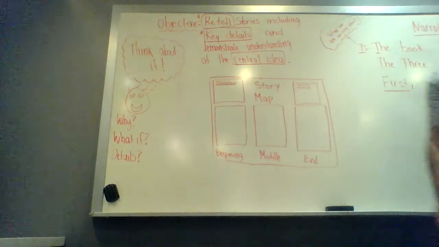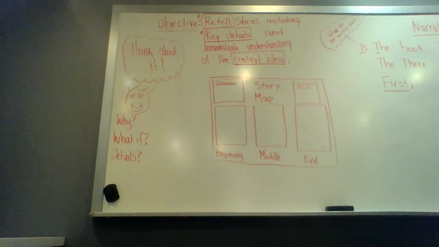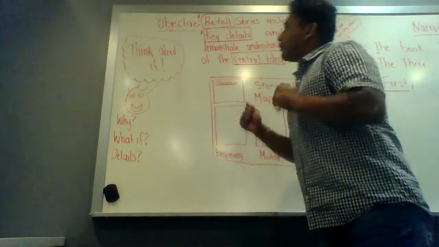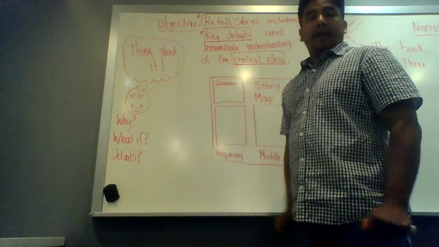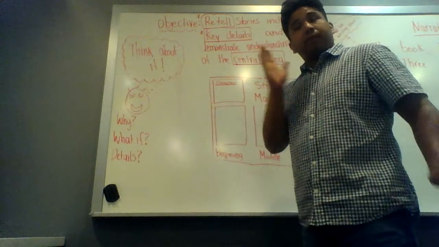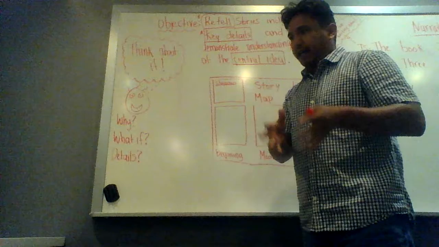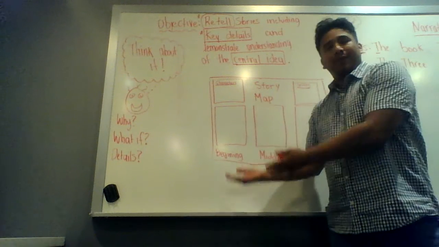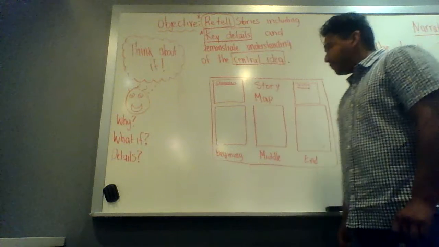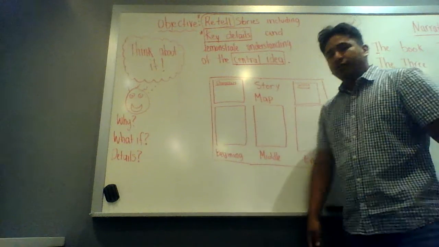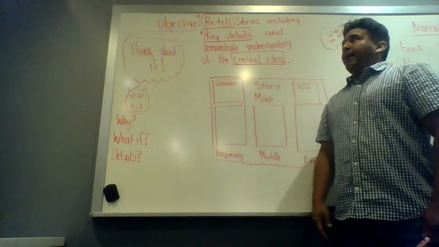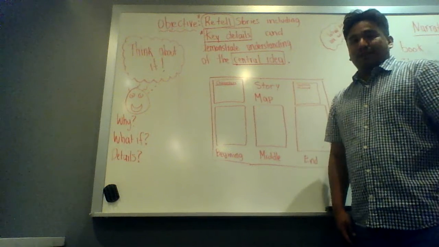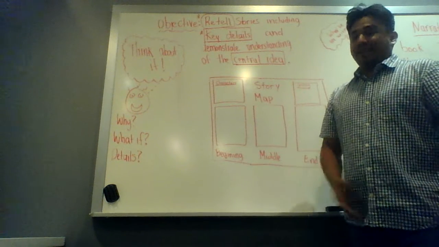So let's go ahead and get started. When we read our story, we want to think about why we read from beginning, middle to end, right? And so that we can have an idea of what happened first, what happened next, what happened last in the story, okay? If we didn't read stories like that, they'd be really confusing, and it would take a long time to kind of read the story and understand it.